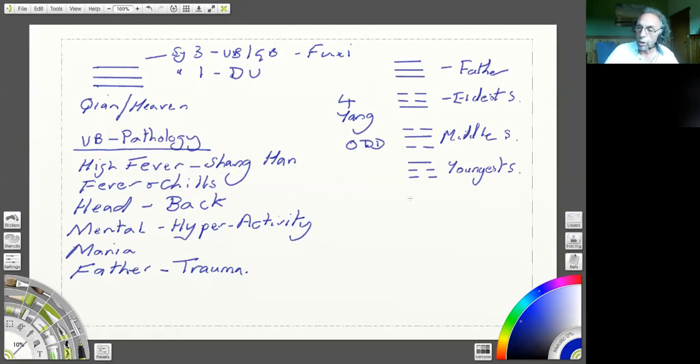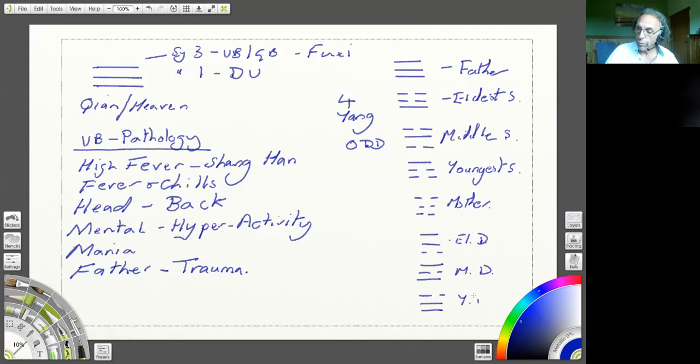And then when we look at the yin trigrams, we have mother, and then eldest daughter, middle daughter, and youngest daughter. So a simple way, if a client comes in specifically and they have traumatic experience with their father, then we can place the father trigram underneath, and we can choose the gender.